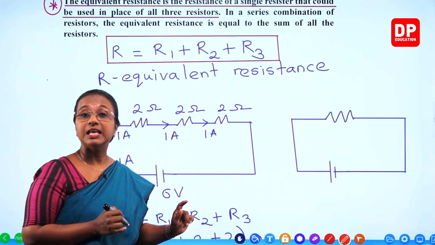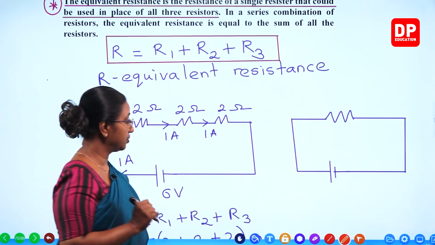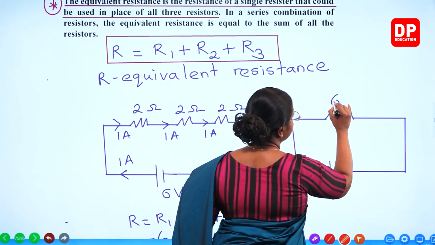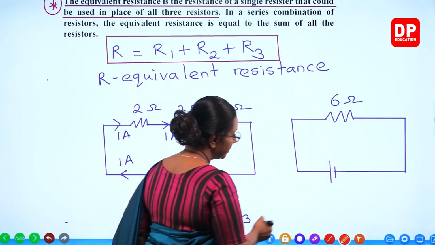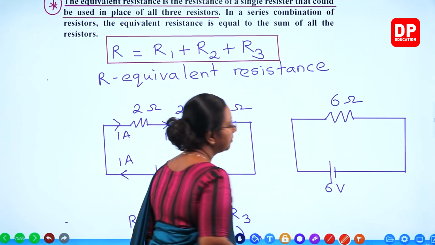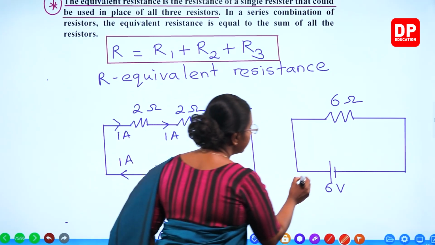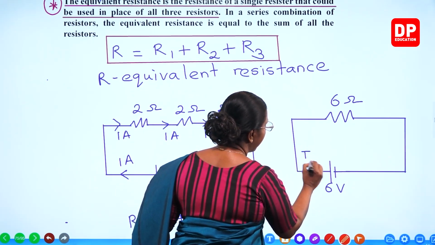We calculated the equivalent resistance as 6 ohm. So if you have a circuit with 6 ohm resistance and 6 volt potential difference, what is going to be the current I?